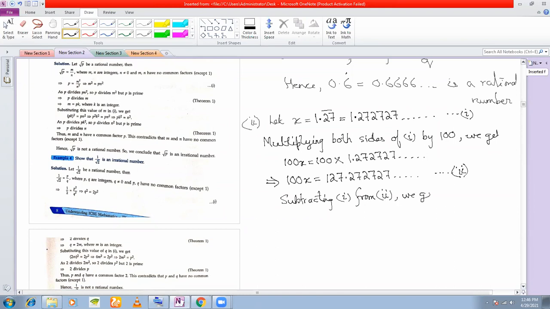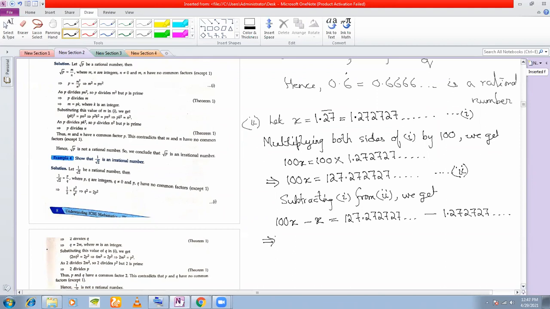So we get 100x minus x is equal to 127.272727 and so on minus 1.272727 and so on, right?